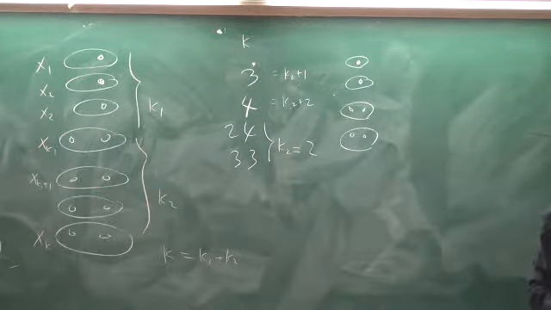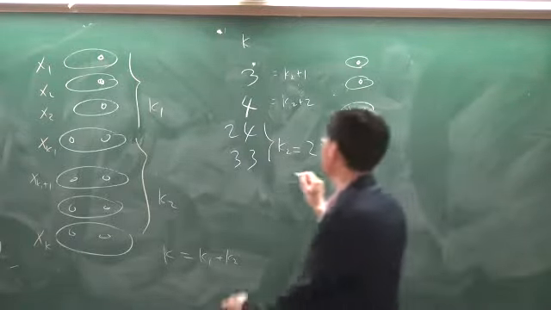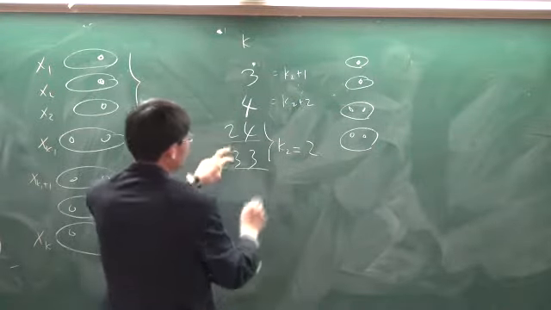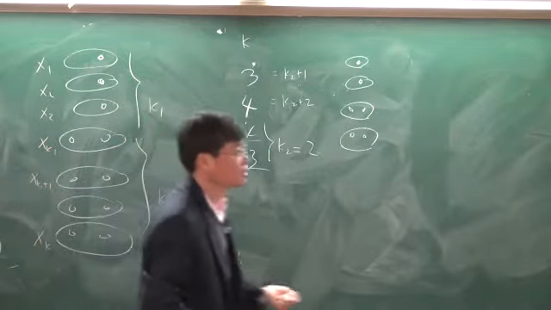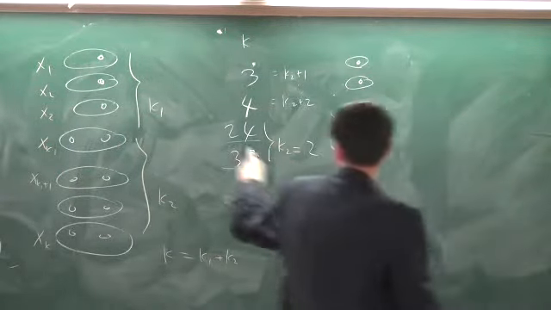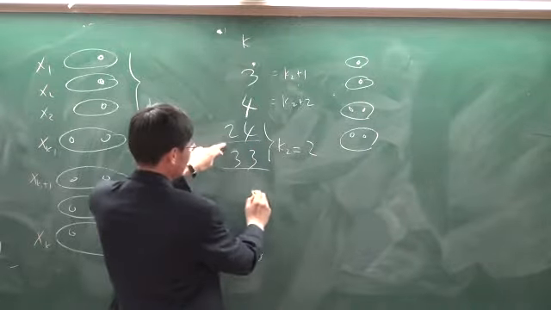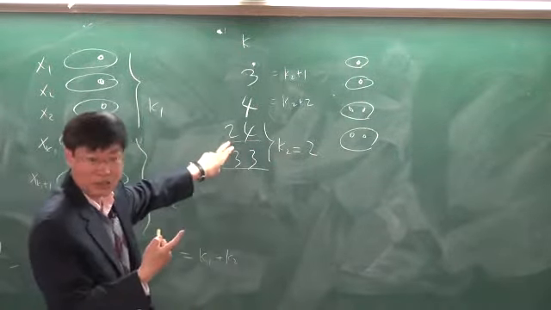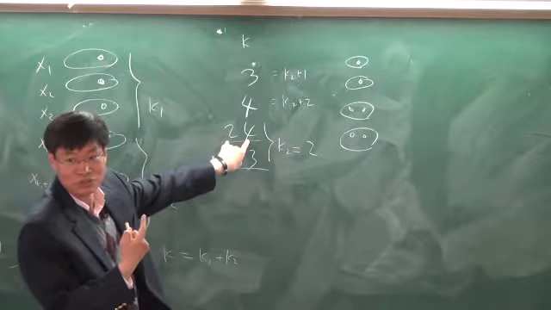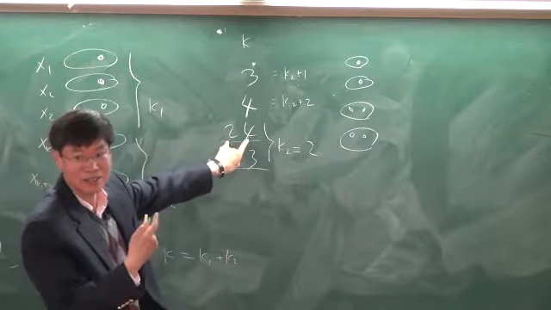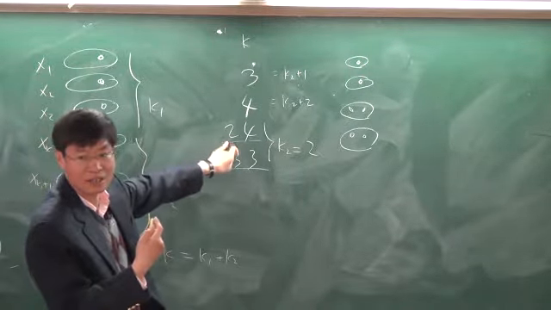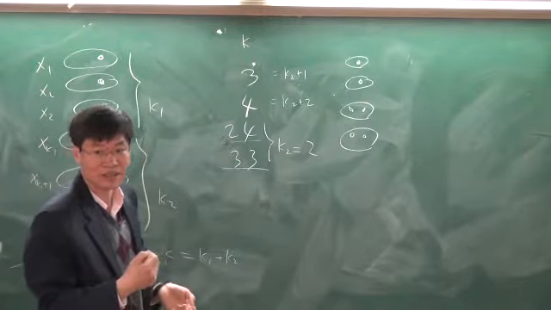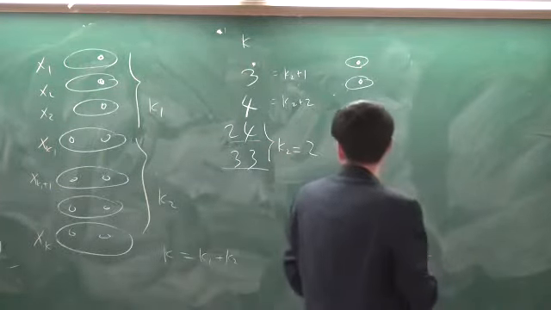So this is the first requirement. And the second requirement: each vertex has at most k plus 2, k2, and the sum of these two is the number of vertices.